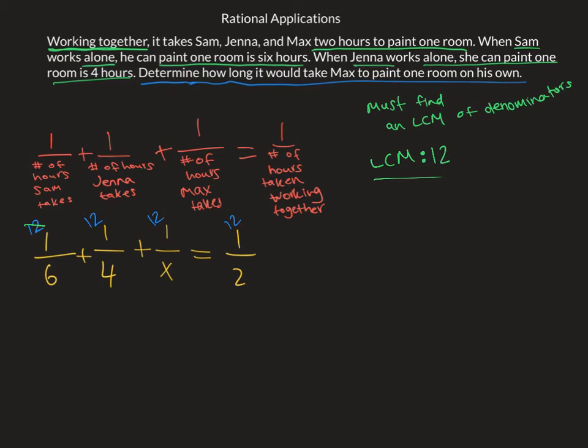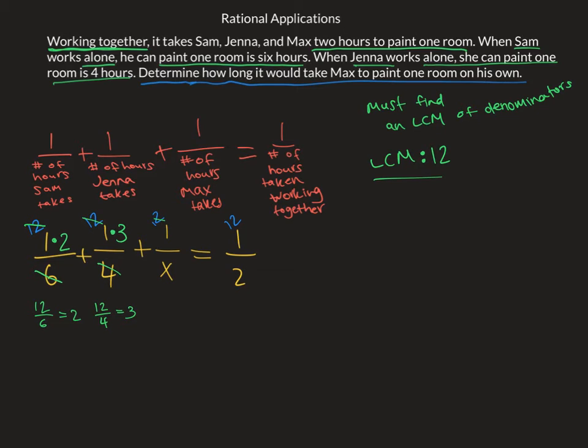This 12 can get canceled, 6 can get canceled. And what's 12 divided by 6? 12 divided by 6 equals 2. So that means we are now going times 2. Next, 12 and 4 get canceled. What's 12 divided by 4? That would be 3. So now we're going times 3. Next, we have divided by.